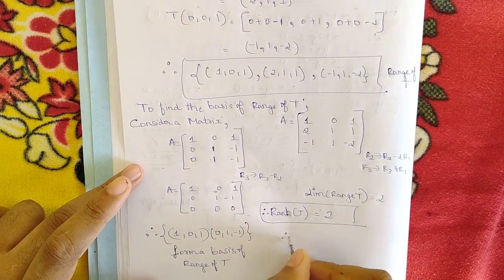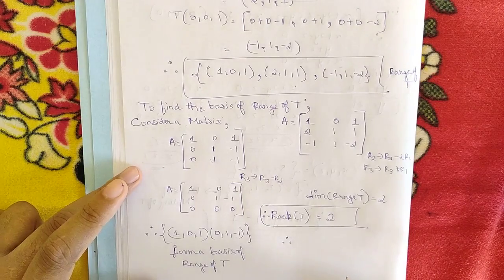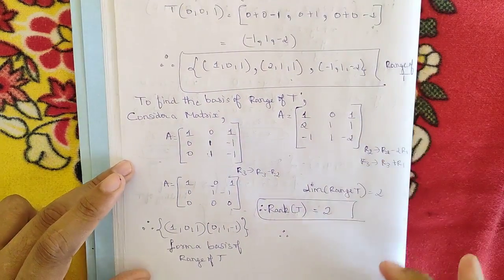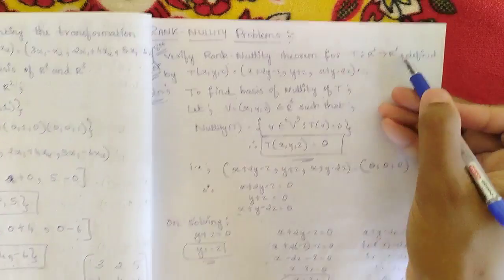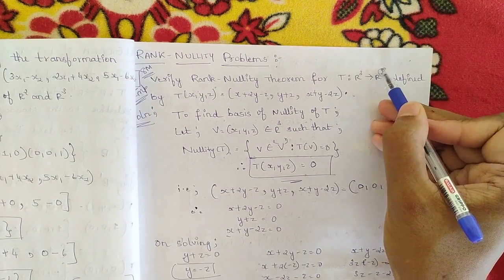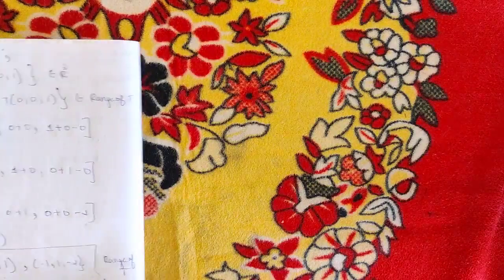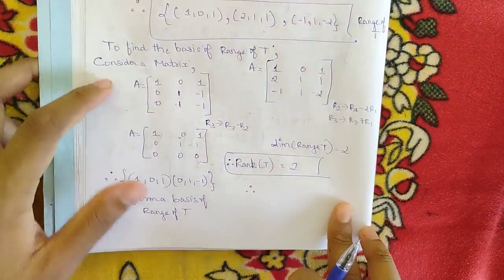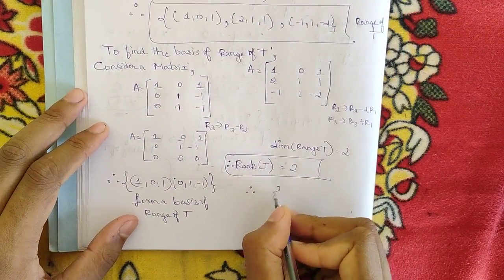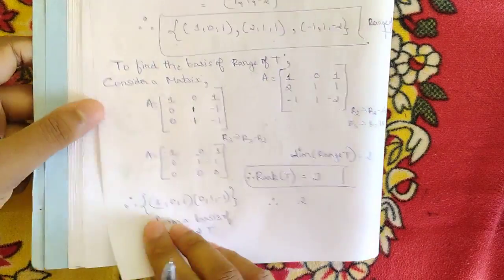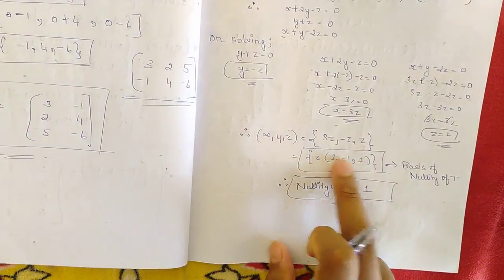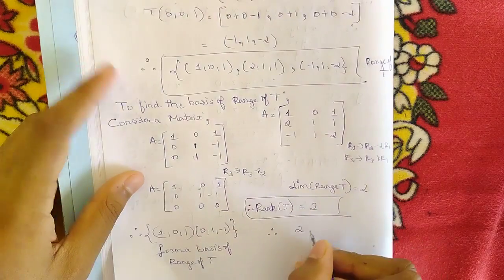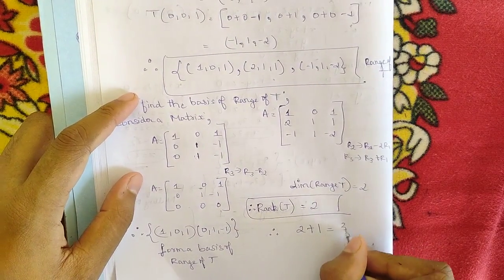Now finally, in order to verify the rank nullity theorem, the dimension, they have mentioned it in the question, R cube, right? So we should be getting 3 in order for the rank nullity theorem to be verified. So rank of T is 2 and nullity of T we got as 1. So 2 plus 1 is equal to 3.